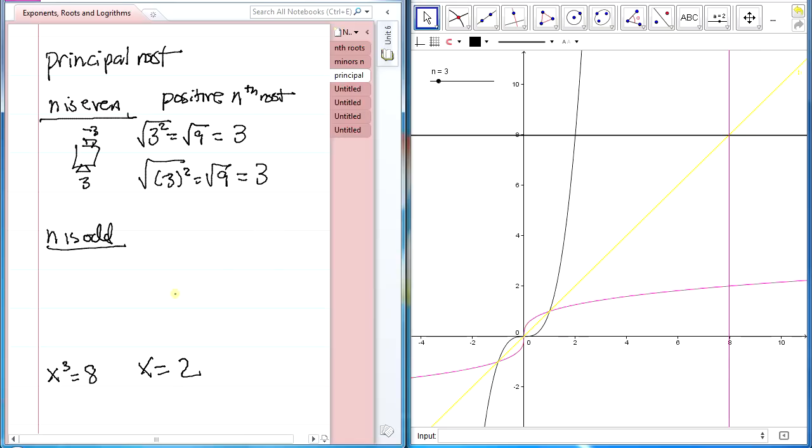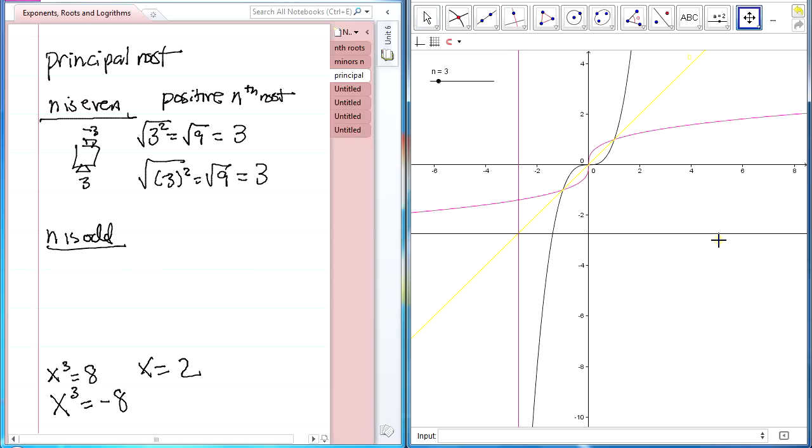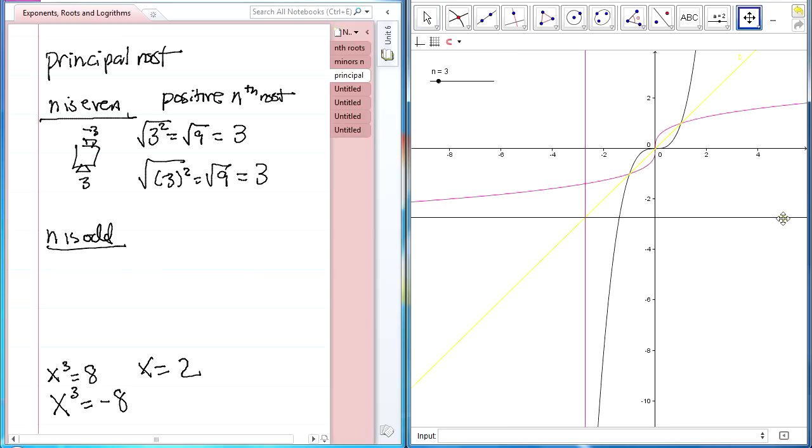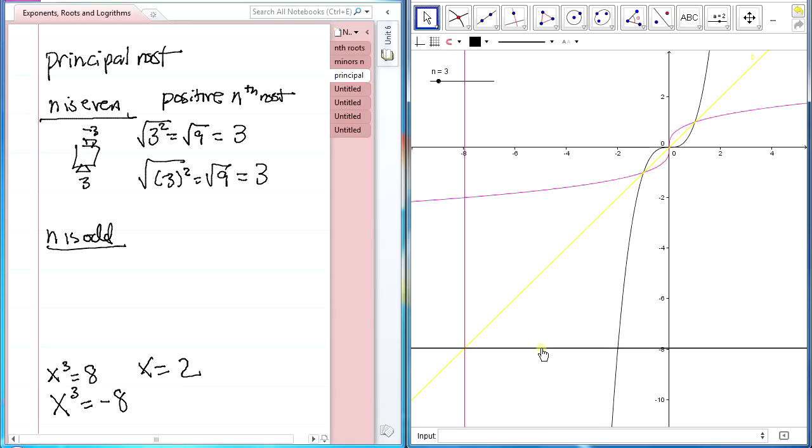But I should realize that I could still have a negative nth root, but that's because I have x cubed equaling negative 8. So what we're going to do is grab this line and move it down a little bit, to the point where we actually have to pick up this graph and move it over to here. Let's grab it some more, bring it down to negative 8. And you're going to see that in this case, if I put in negative 8, out will come negative 2.